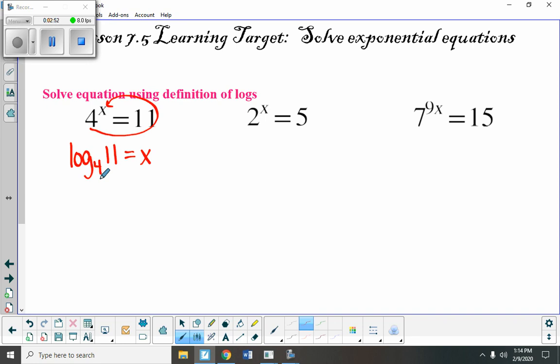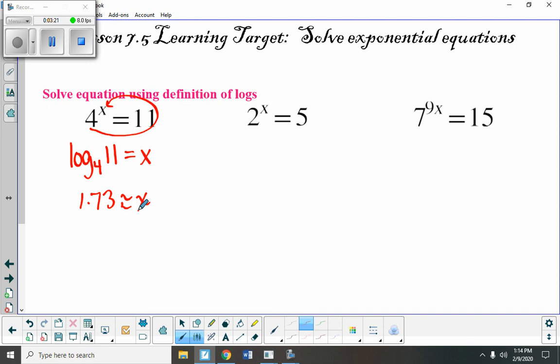Let me grab a calculator here. And to do that, we type in our calculator log 11, parenthesis, and then divided by log of 4. And that gives you 1.73 approximately. And there's your answer.